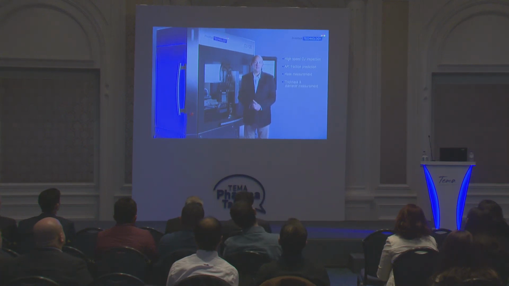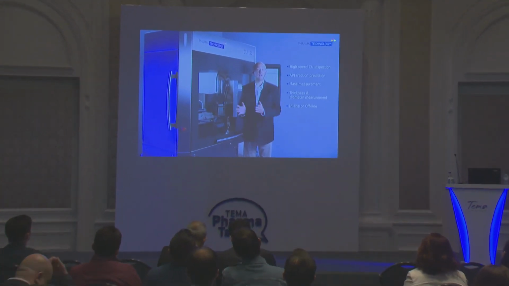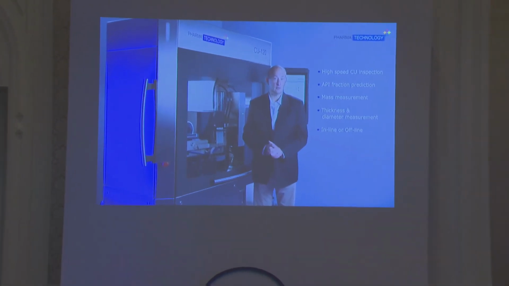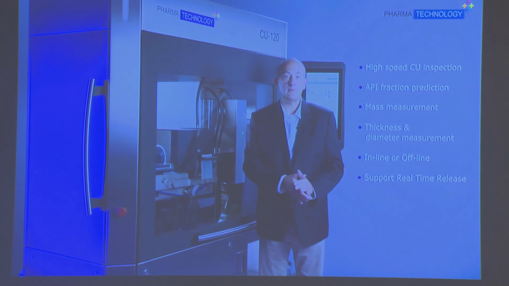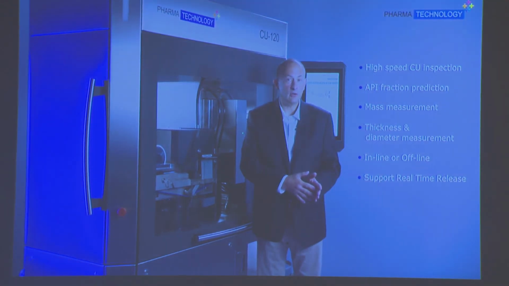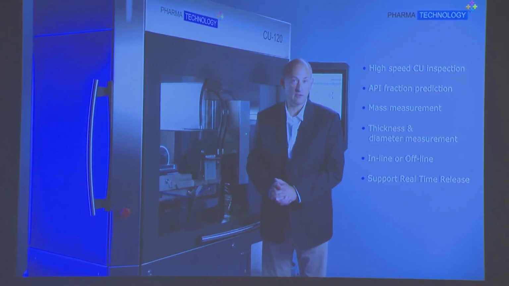A NIR, infrared spatially resolved spectrometer, measures API fractions. And a 3D microwave resonator provides the tablet mass. The unit can be used in 2 modes, offline as a batch saver and inline as an advanced PAT tool. The CU120 can therefore support real-time release testing for content uniformity and uniformity of mass.